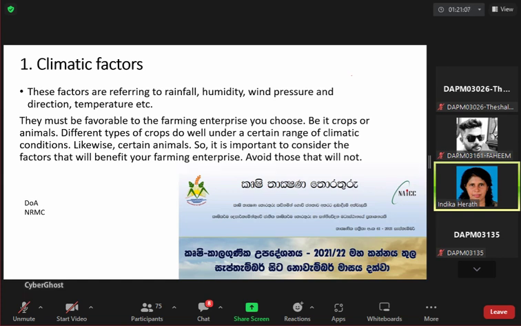So we need to know the requirement of the crop, whether this plant needs this much of rainfall, this much of sunlight, this kind of period, this much of fertilizer. Everything has been found by agricultural specialists, right? Agricultural scientists have found what the needs of crops are, right?